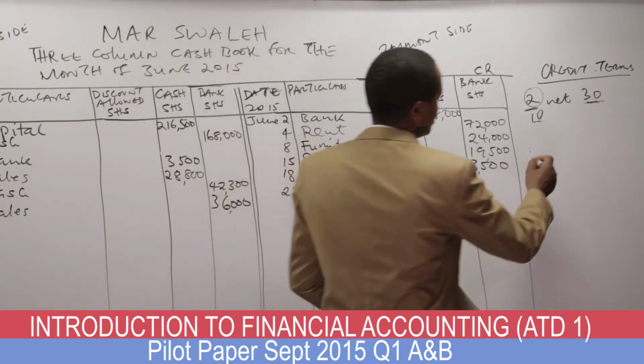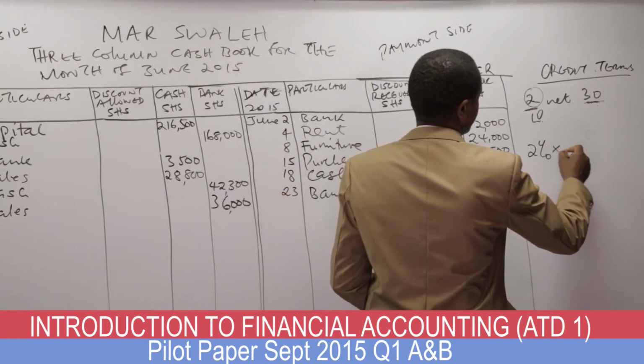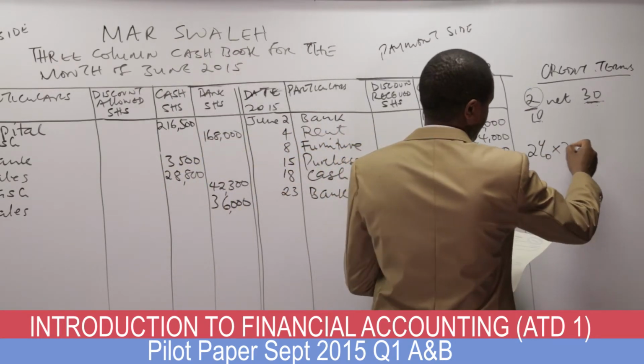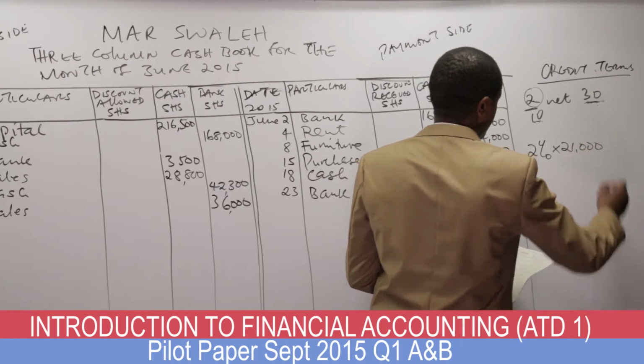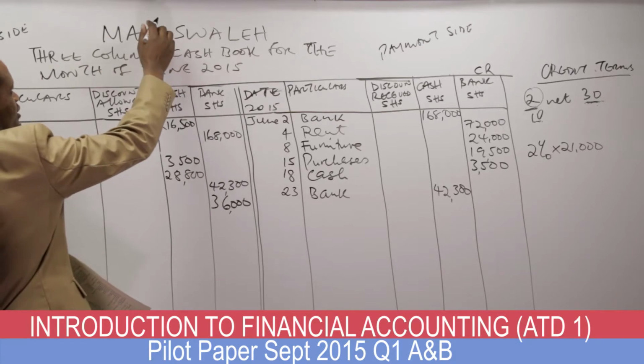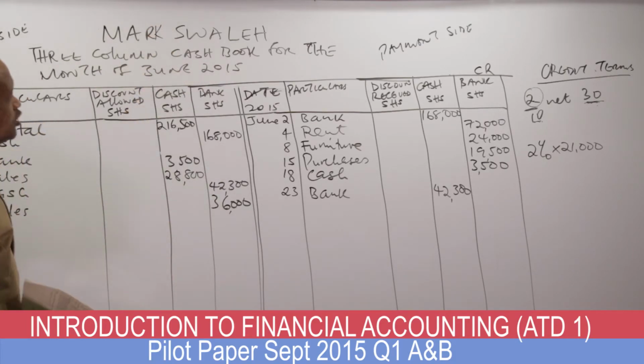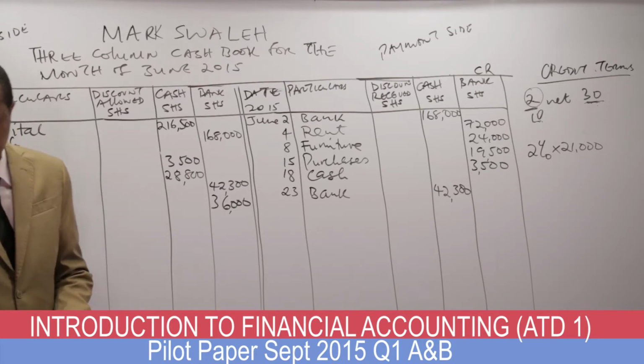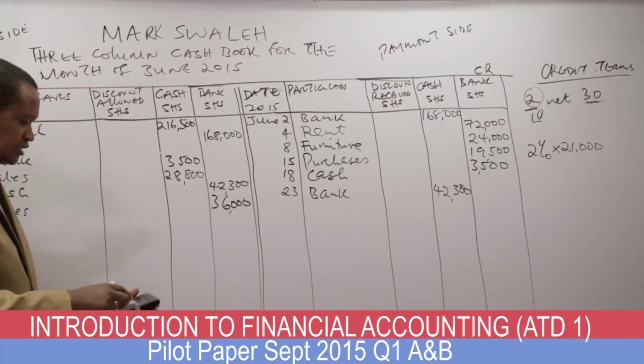The discount is 2% times 21,000. This is Maxwale, okay? Not Mar, it's Maxwale. So 2%, that is our discount. So we need to take a scientific calculator.